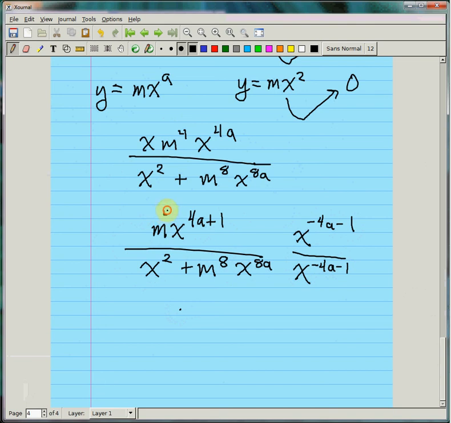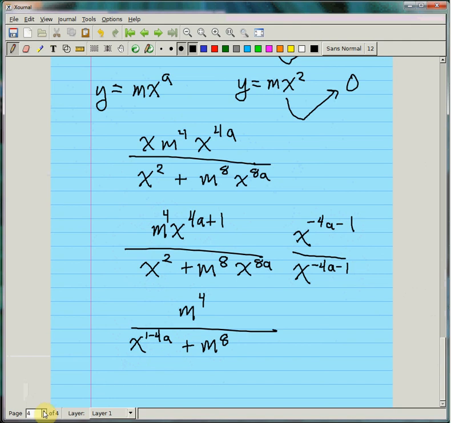On the bottom, you get 2 minus 4a minus 1, and so you get 1 minus 4a. So this is x to the 1 minus 4a plus m to the 8th just hangs out.